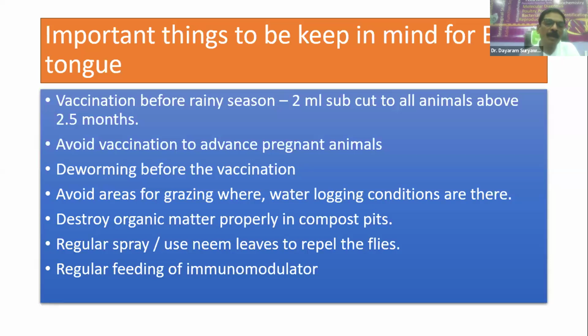Regular spray. Then we have to use neem leaves to repel the flies. Regular feeding of immunomodulators to the animals, especially in the rainy season, whenever vitamin D deficiency is observed because of the lack of sunlight.